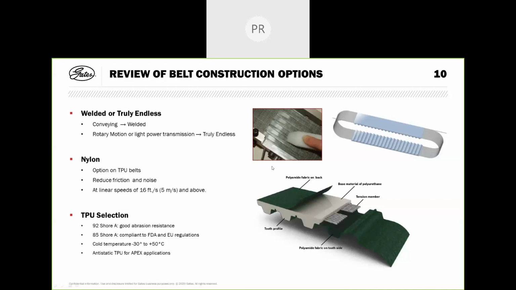So the basic belt runs on the tension member, and we extrude polyurethane around it. Usually, polyurethane is highly abrasion resistant, and so we don't need any fabric to improve friction and abrasion resistance.